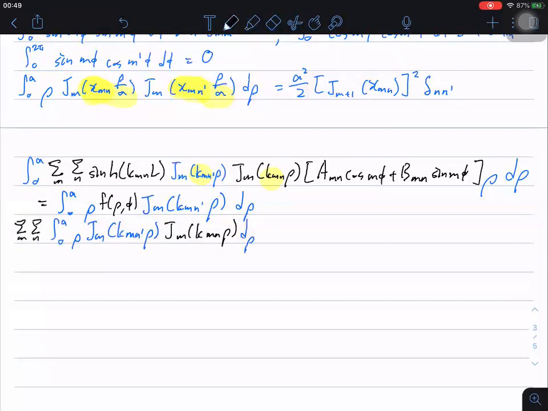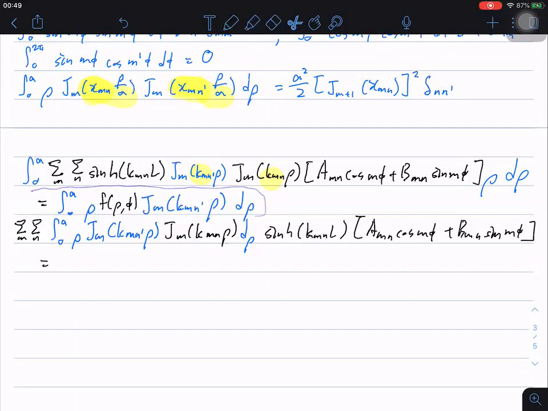So we have the hyperbolic sine outside the integral and also the sine and cosine outside the integral. Again, I will keep the right-hand side untouched.